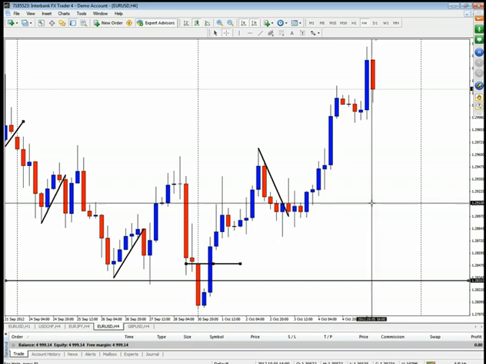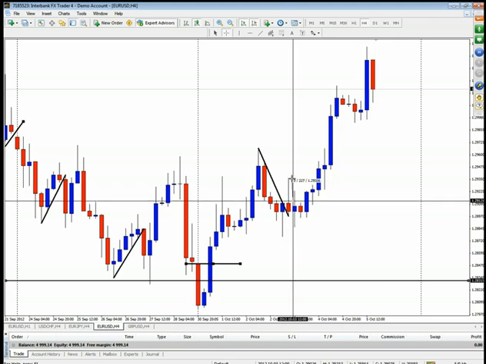It started to look good at first, went about 22 pips in your favor, then about 26 pips against you. But your stop would have been down here, about 50 pips, so it never would have hit your stop, and it would have gone up and up. That was a winning trade. You would have got your 1-to-1 or 2-to-1 win-loss ratio on this trade.